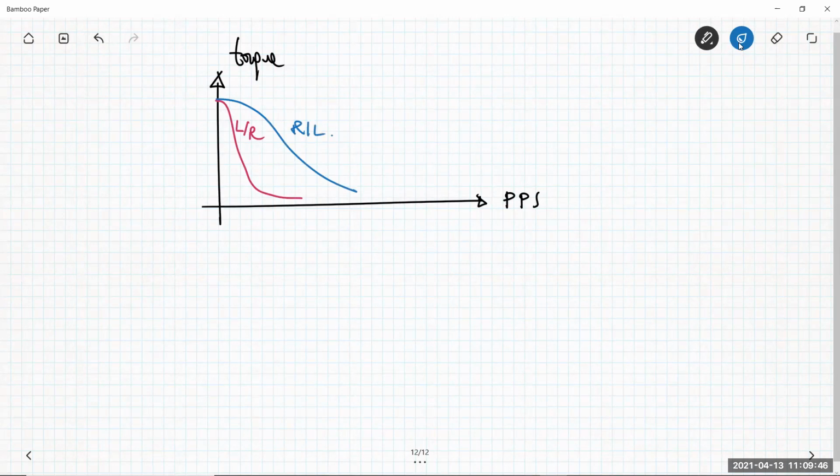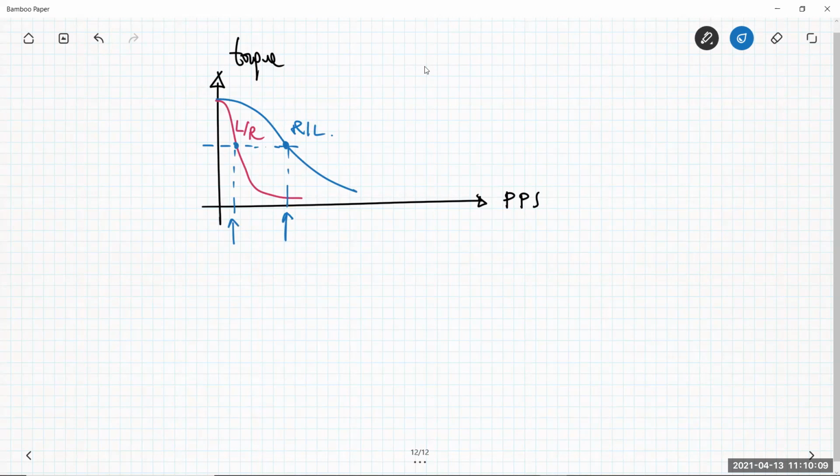For example, you can take the same torque, for example this torque here, at a pulse per second rate that can be as large as, let's say, 10 times the pulse per second you can have for the L over R driver. So this is the major benefit of having these circuits.